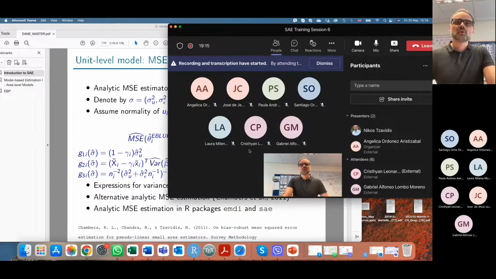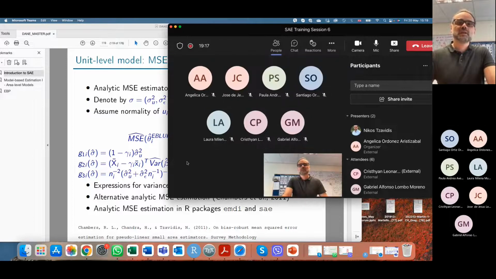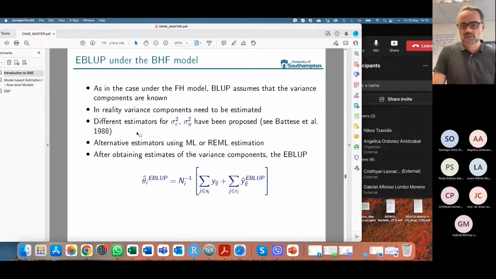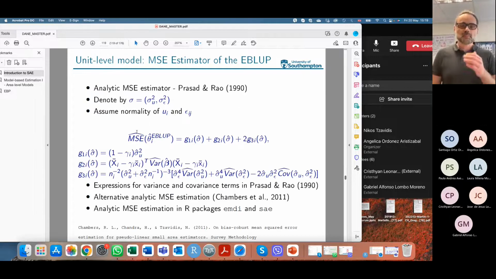Okay, so as with the area level model, obviously point estimation is not such a big issue. It's a very big issue, of course, in small area estimation, but it can be done as we described before. We have an estimator of the small area mean. What becomes even a bigger issue is how do you get a measure of the uncertainty around the estimate.